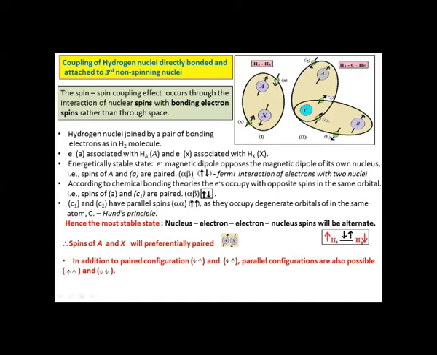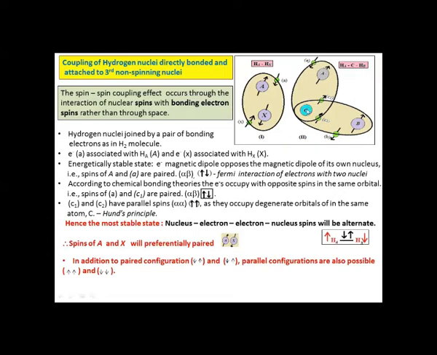You can see that both these are paired. In a similar case, the spin of the A electron and the spin of the C1 electron are said to be paired. These two are paired, which are nothing but the bonded electrons between the A and the C atom, the carbon atom.